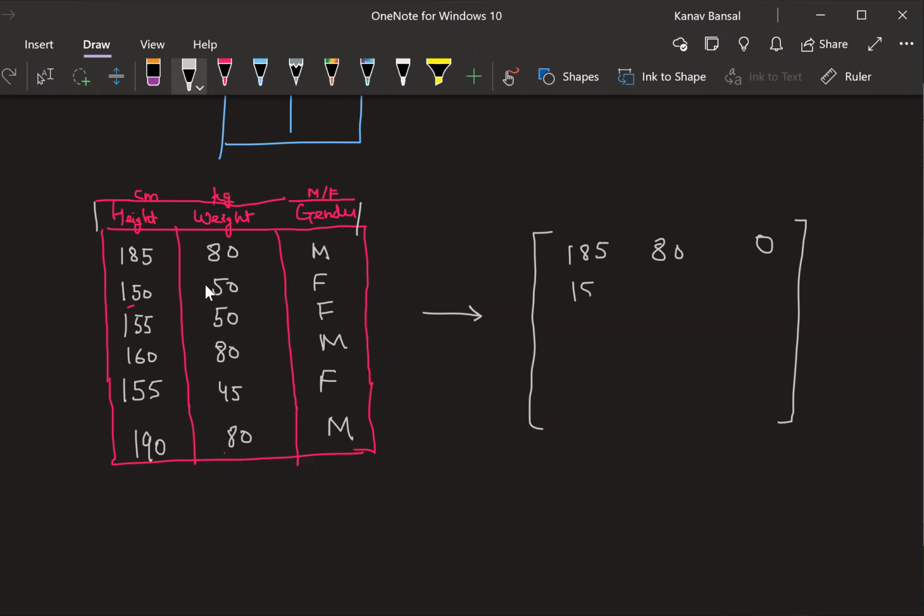Then 150, 50, female, let's say we are representing female as 1. 155, 50, female is represented as 1, 160, 80, male is represented as 0, 155, 45, female is represented as 1, and then the male is represented as 0. So 190 and 80. Is it clear now?